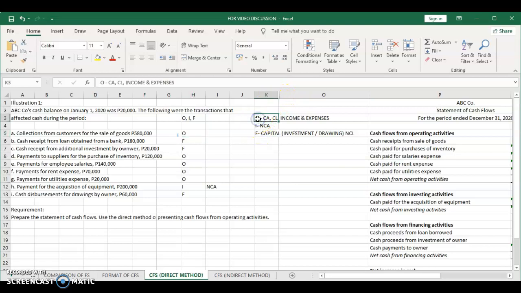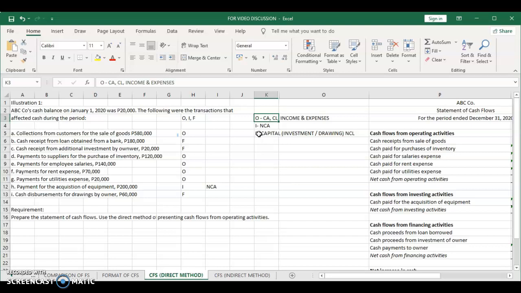So, pag sa operating kasi class, kapag direct method, kapag may mga transactions tayo o problem, usually yan ang ating cash flow statement, yan yung nagge-generate ng income and expenses. So pag may nakita kayong income and expenses, more on the operations of the business.